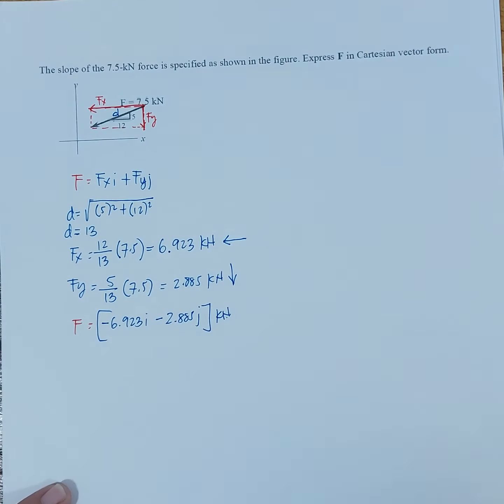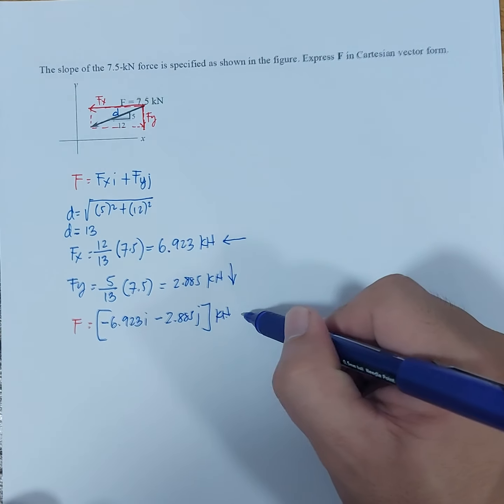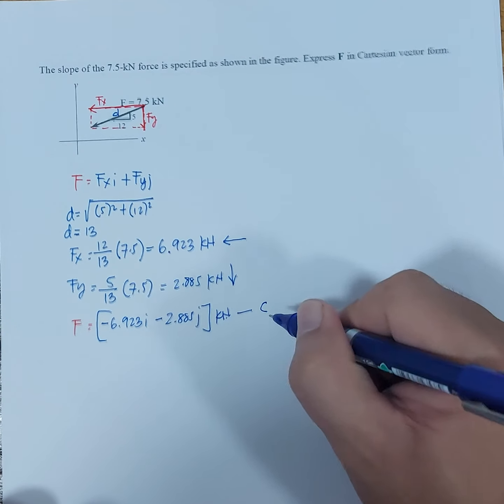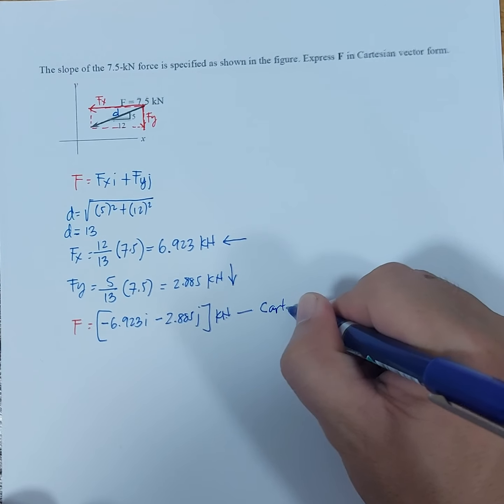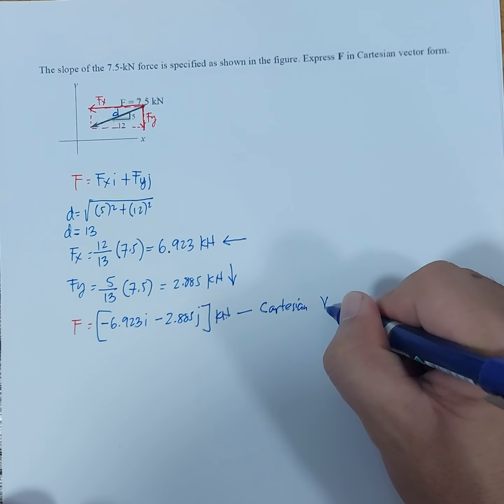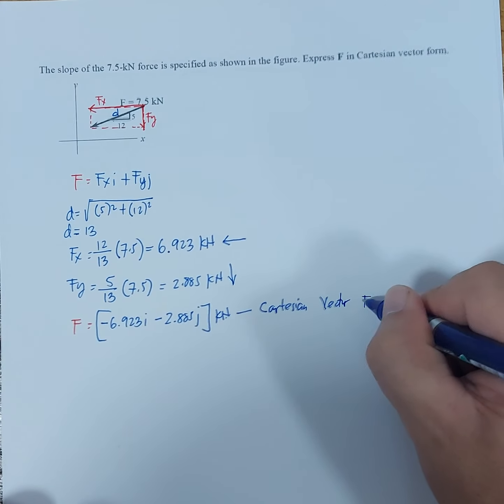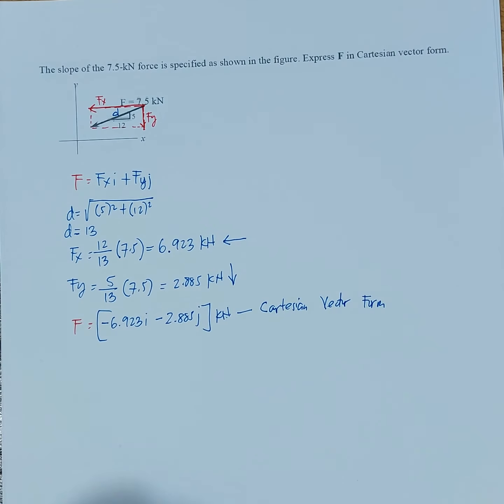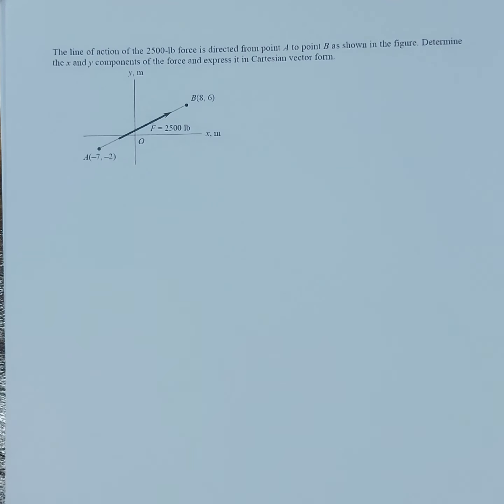Okay, so kilonewtons yan. So this would be the Cartesian vector form of this particular force. Okay, so that's the second problem.